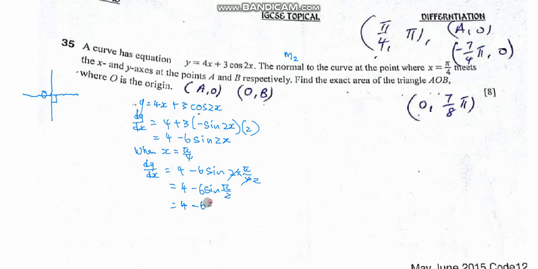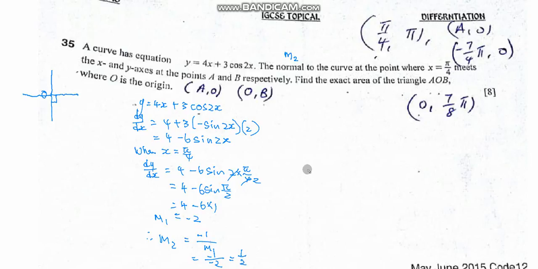So 4 minus 6 times 1 is minus 2. So this is the M1. Therefore M2 equals minus 1 over M1, so minus 1 over minus 2, you get half.